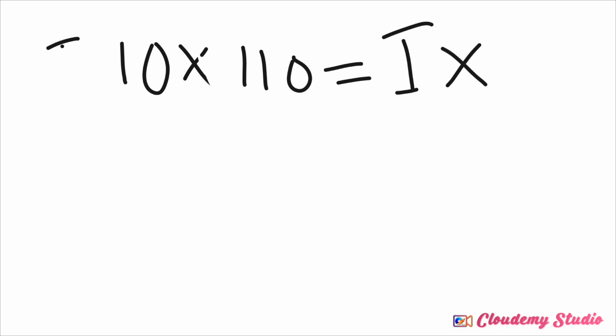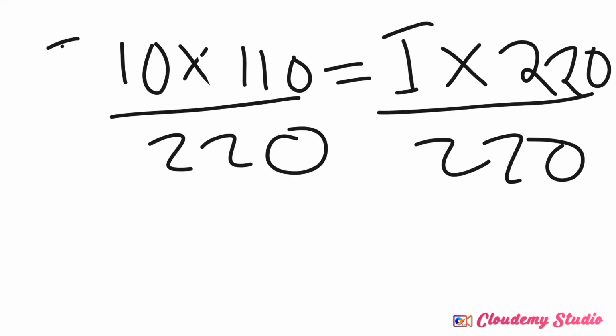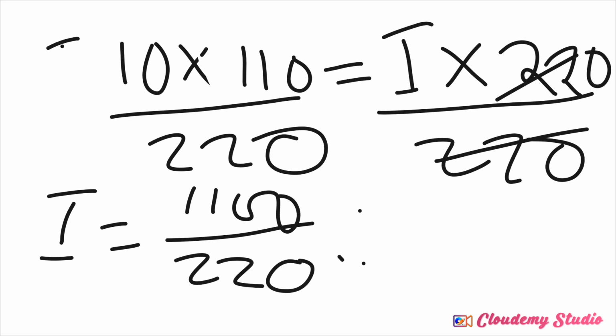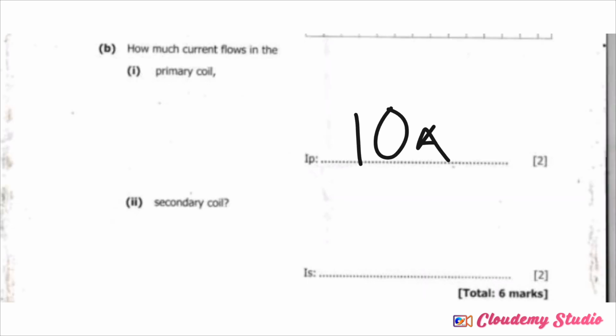The voltage in the secondary coil was already given as 220. So we divide by 220 here. When we divide, the current is equal to 1,100 divided by 220. Therefore, the current in the secondary coil will give us 5 ampere. So meaning here it is 5 ampere.